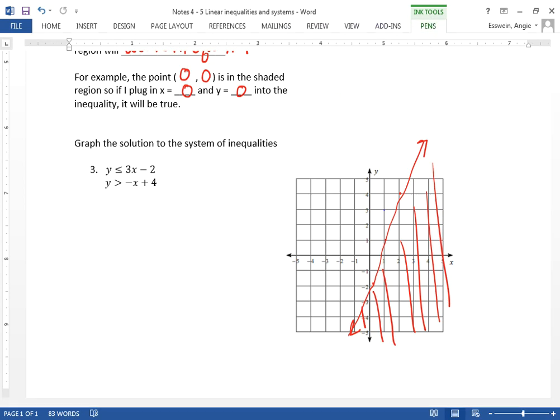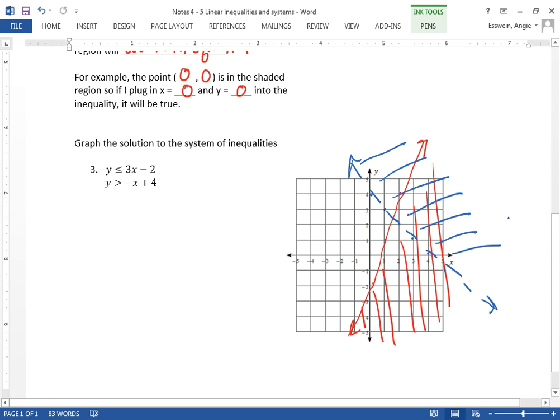Now in a different color, we're going to do the other one. So we start at 4, and then we go down 1 to the right 1. This is going to be a dotted line, and we shade above, looking on the y-axis. So that's this way.